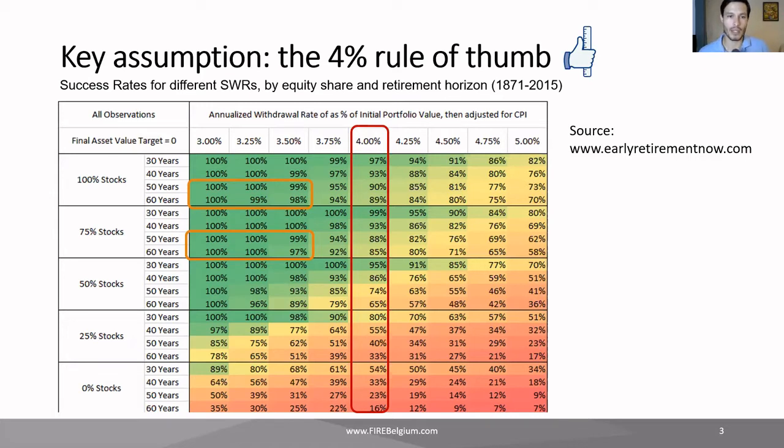And then we're looking at lower safe withdrawal rates, because we know that at 4% it doesn't work so well, right? There's an 85 to 90% chance that it's going to work. But that means there's a 10-15% chance it's going to fail. A lot of us are not comfortable with that, especially if we don't have a plan B and backup plans, right?